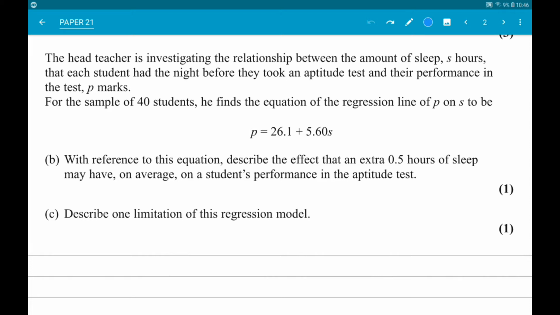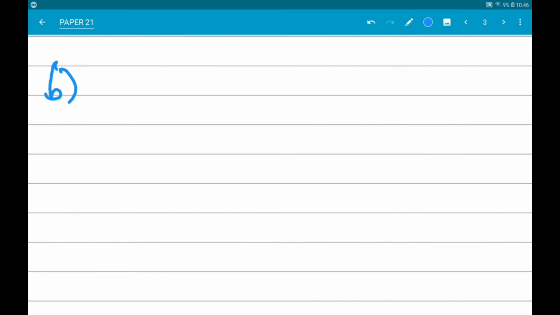So 0.5 times 5.6 is 2.8. So we would expect an extra half an hour sleep to result in 2.8 more marks. So you'd want to say something along the lines of they should score 2.8 more marks.